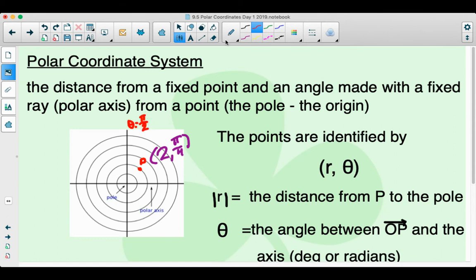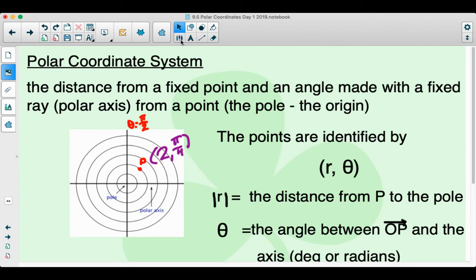And that makes sense when we talk about how we identify points in polar. Polar points are no longer talked about in terms of x, y. They are referenced in terms of r and theta. And r is the absolute value of the distance from the point P to the pole. And theta is the angle formed between the polar axis and our point.